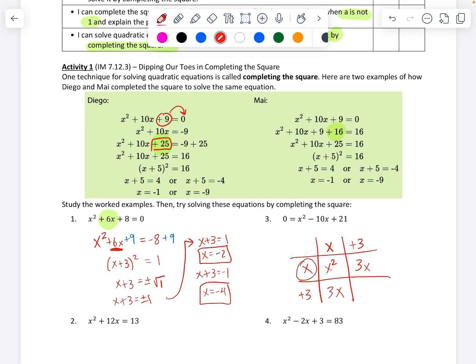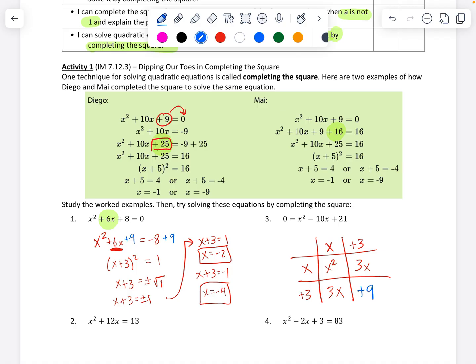And now when you do x times 3, you get your 3x. X times 3, you get your 3x. And now you can find the c value, which is the magical 9. And that's where that 9 came from. And so now when you FOIL x plus 3 times x plus 3, you're going to get x squared plus 6x plus 9.